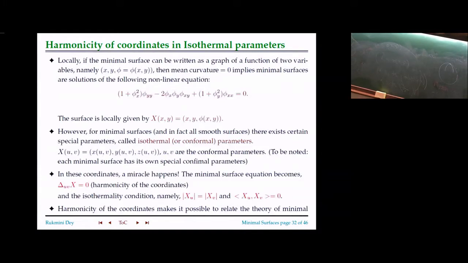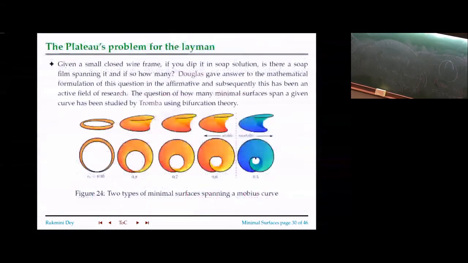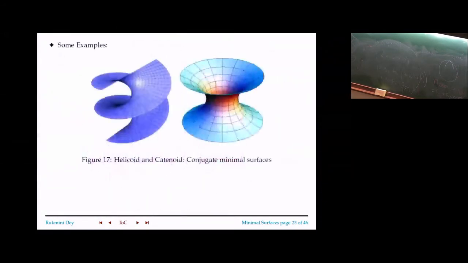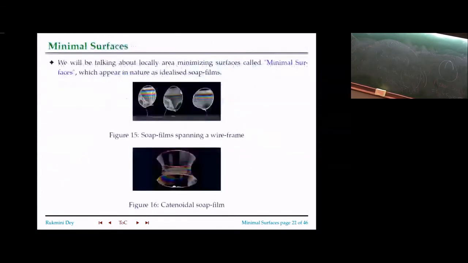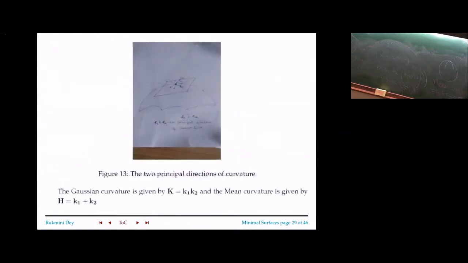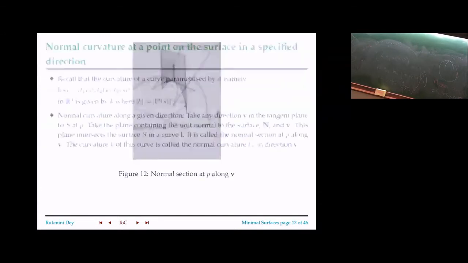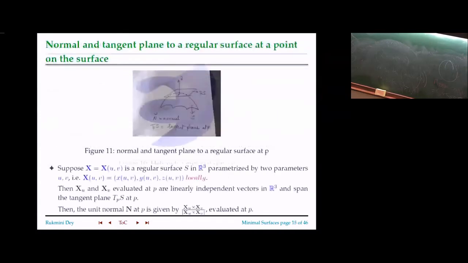Okay, highly nonlinear equation. But what you notice in this particular case is, if you have a nonlinear equation and two solutions, if you sum them, it need not be a solution, right? But in this case, you see it is true.